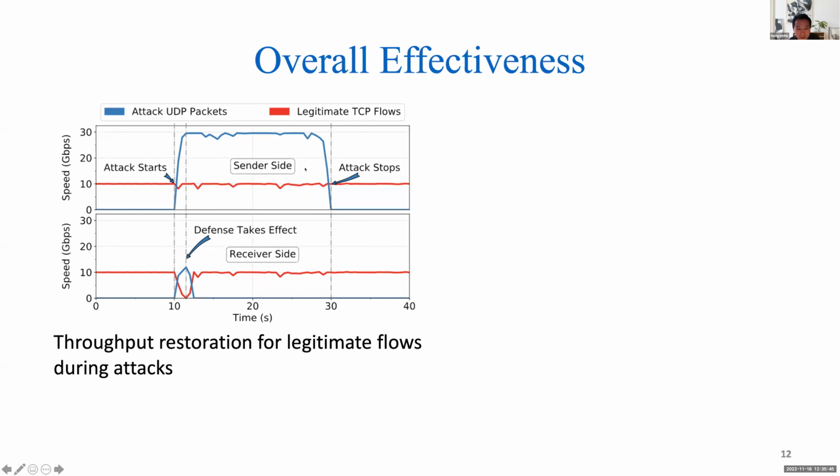This kind of attack can last for a couple of seconds. But if we use our programmable switches, we can defend against this attack in a very short time. The red one is just normal traffic, and the blue one is the attack traffic. We can see that with our Poseidon system, we can do the defense very quickly.